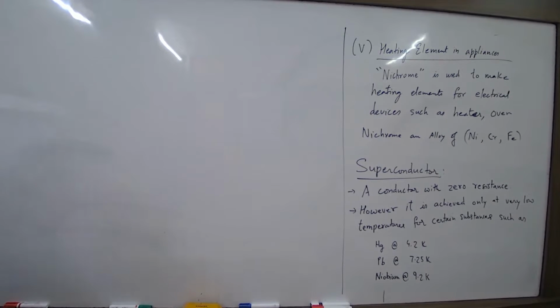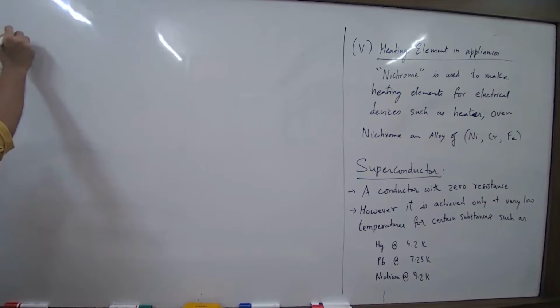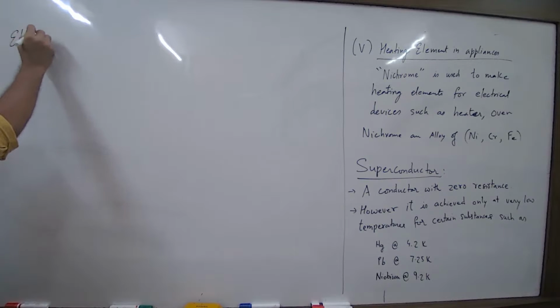So second chapter, second unit. B part of current electricity. The first topic is electromotive force.